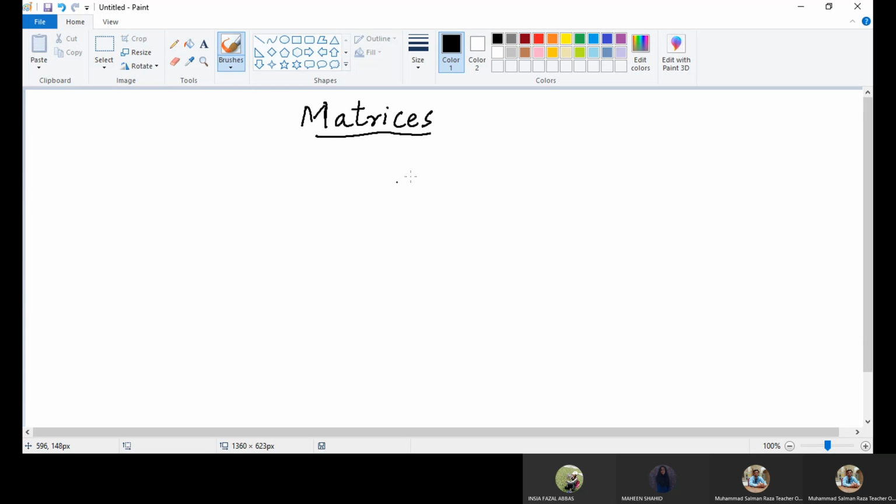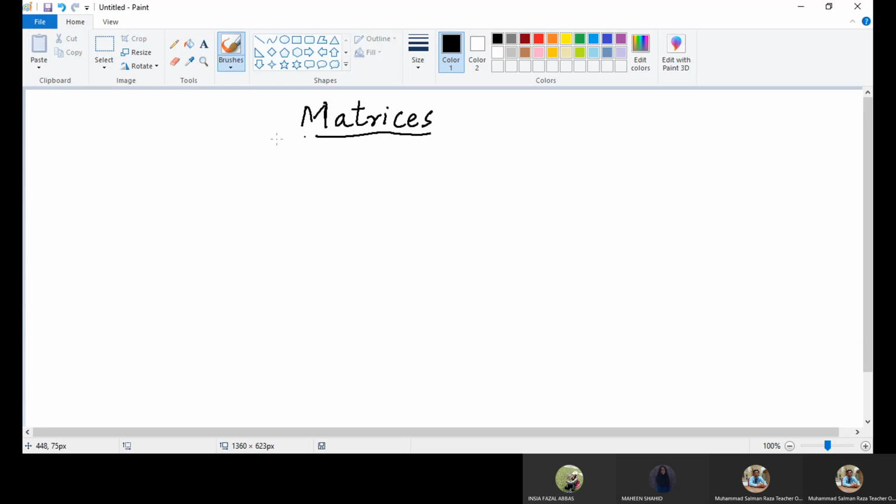Now, before starting this topic, matrices, the very first thing is which kinds of matrices there are and how we solve the operations on them.